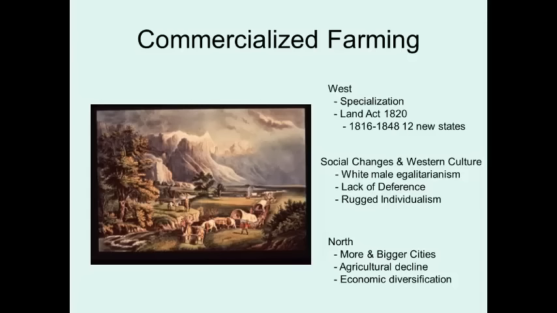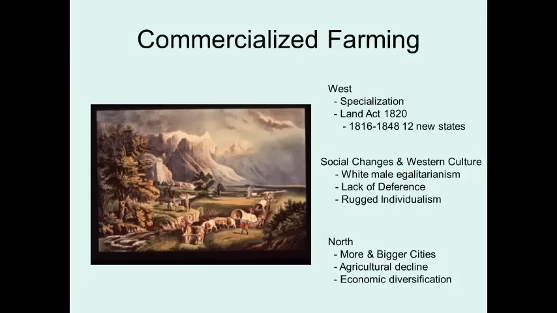And finally, we see the ideal of rugged individualism emerging from Western culture. This is the idea that, yeah, it's hard. It's supposed to be hard. I can do it. I did it all myself. I pulled myself up by my bootstraps, and I didn't have any help, and I succeeded. This idea of doing it on your own, not needing any help. This also emerges from Western culture.